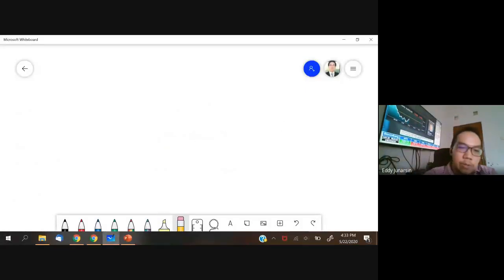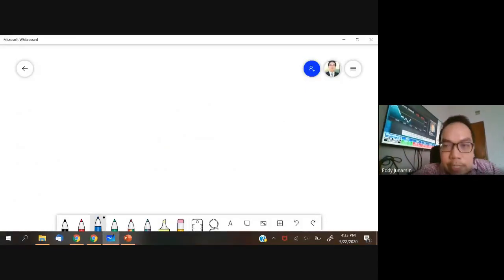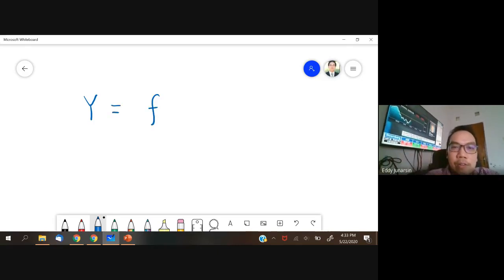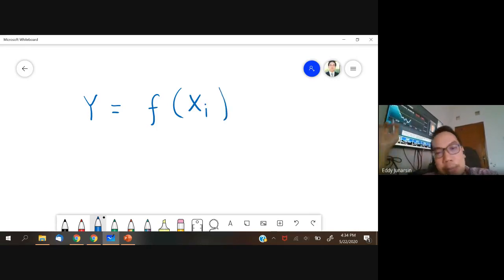Now, if you do a regression, like what you learn in statistics, you have the dependent variable, right? So the dependent variable y is a function of a factor of independent variables.